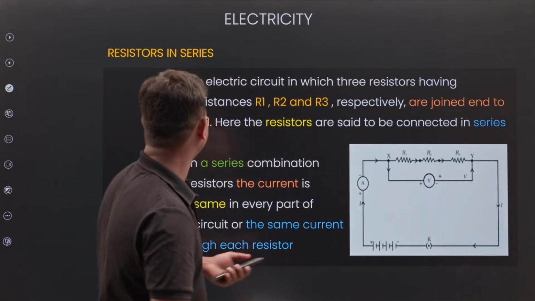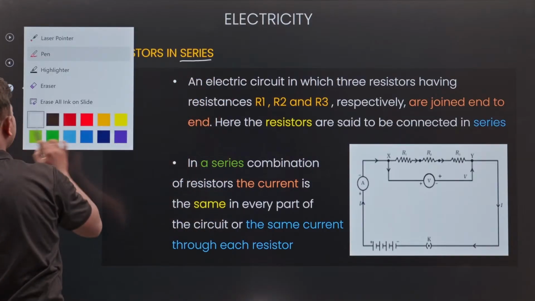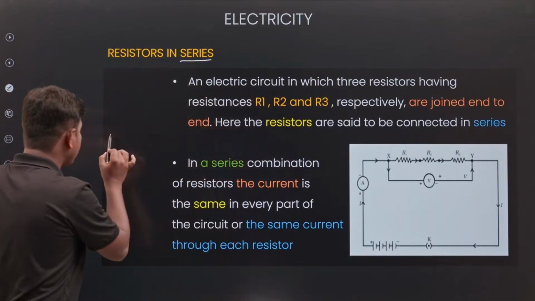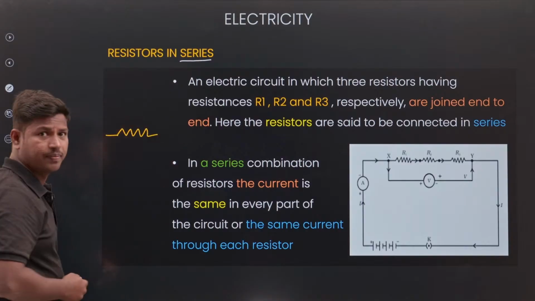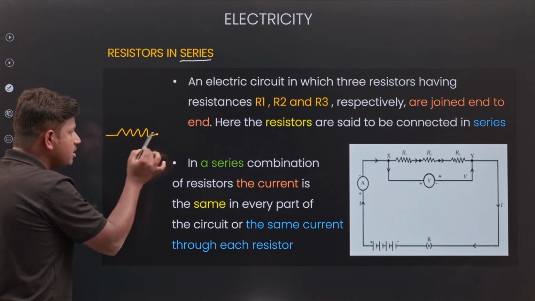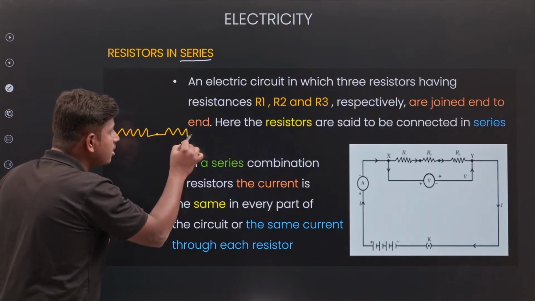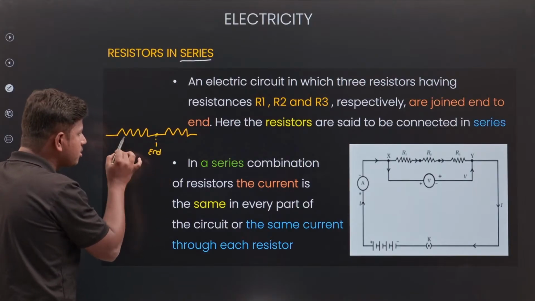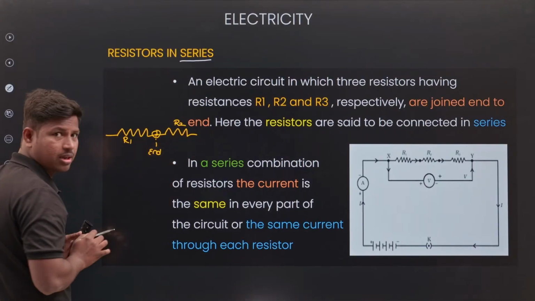See, resistors in series. How will it be series? For example, I am taking one resistor here, and another resistor. Here is the end point of the first resistor R1, and R2 is connected to the end point of the first one.